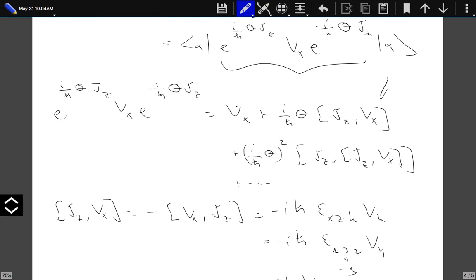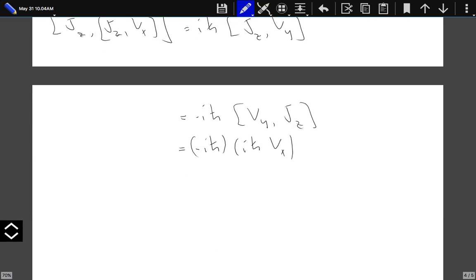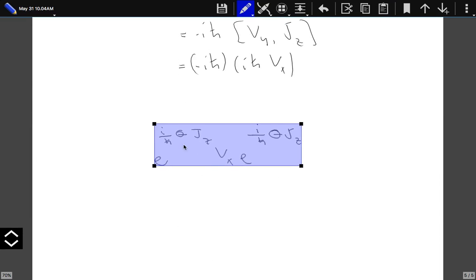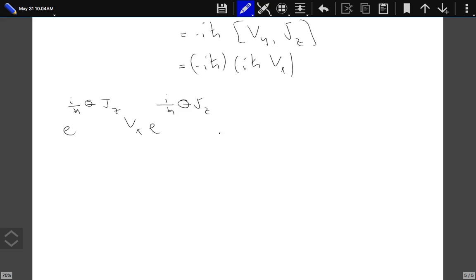So you start with Vx, one commutator, it becomes Vy, another commutator, it becomes Vx, and it just goes Vx, Vy, Vx, Vy. So basically, the first term is Vx.